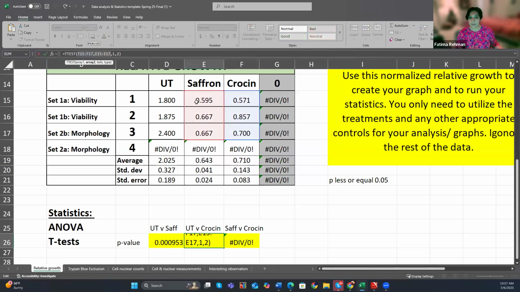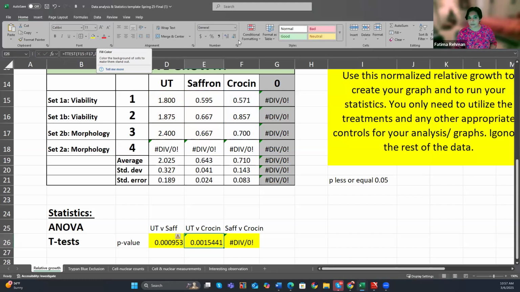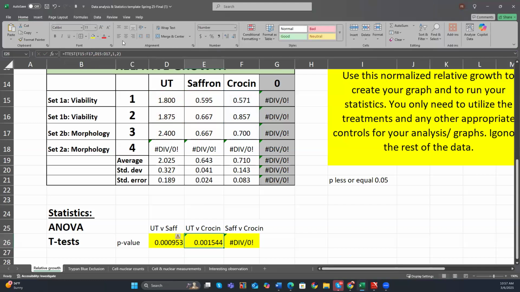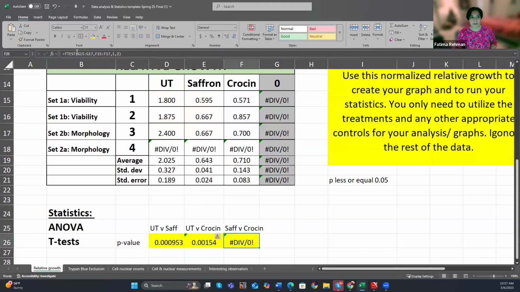And so in my second comparison, I'm going to be comparing crocin to untreated and looking at that number. Is that significant? 0.001544. Yes, indeed. Good. Now I'm going to do my third comparison.